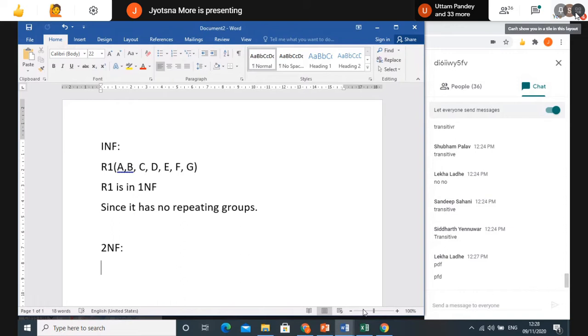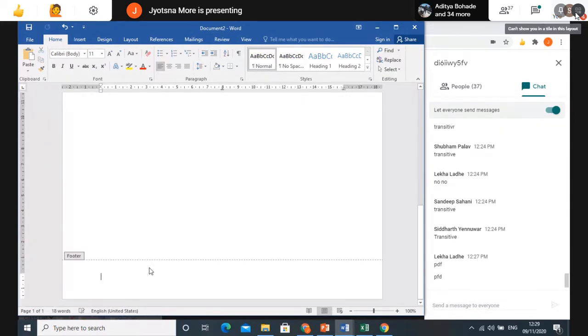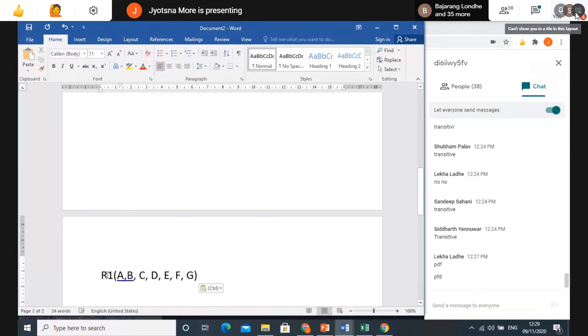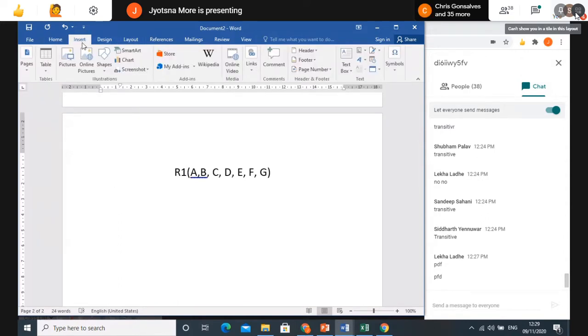R1 is in 1NF, but not in 2NF, because of partial functional dependency F2, that is A determines D.